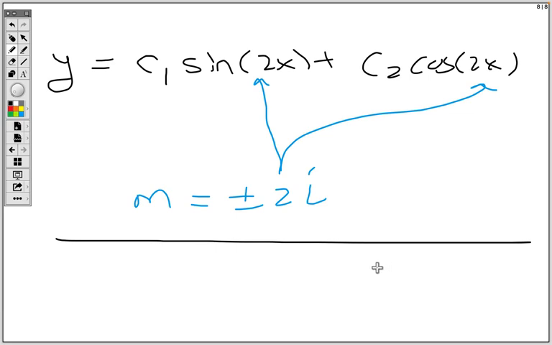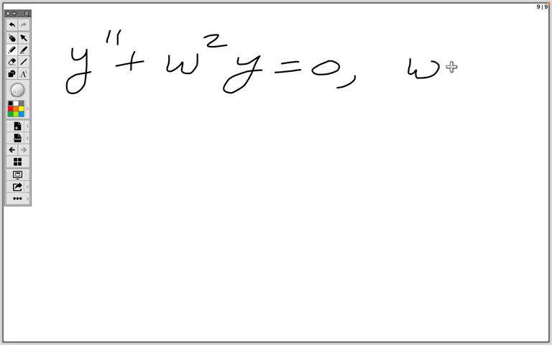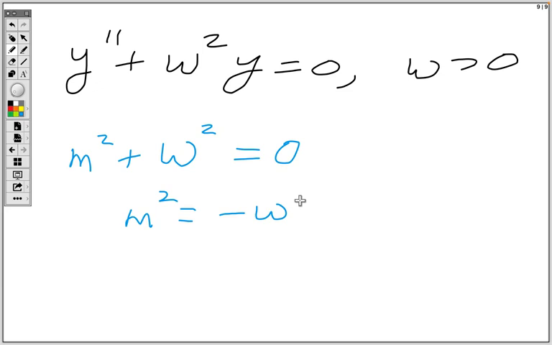And more generally, and this is something that I think was on your first test or take home, I forget which one, if you're looking at y double prime plus omega squared y equals 0, for some positive number omega, the equation would be m squared plus omega squared is 0. So m squared would be minus omega squared.